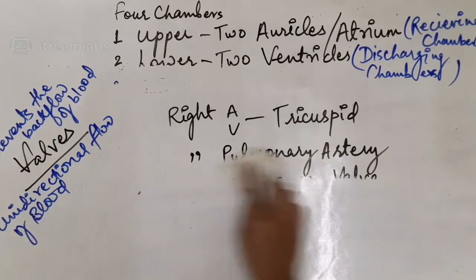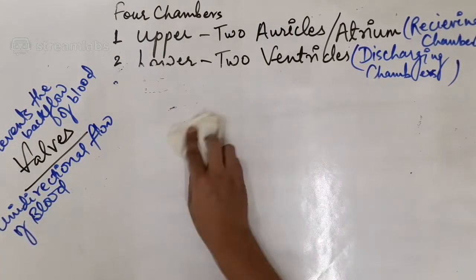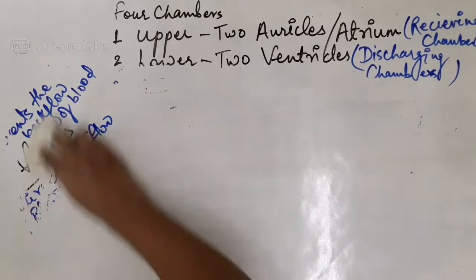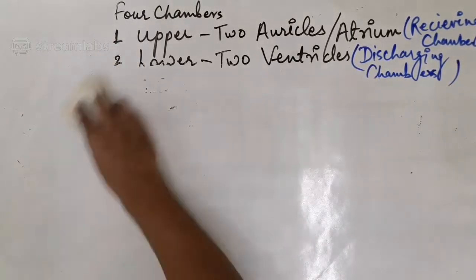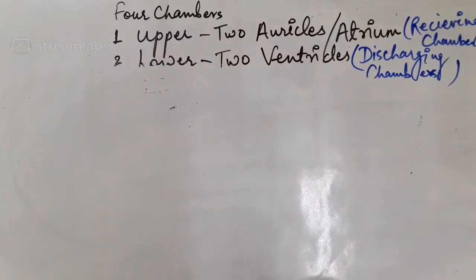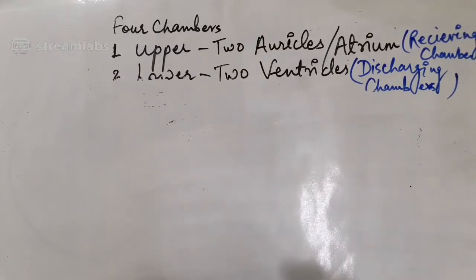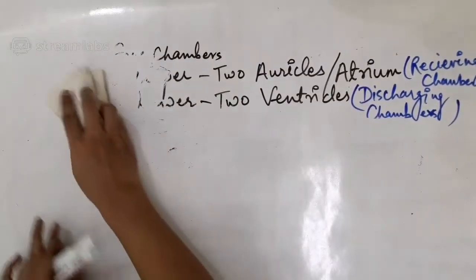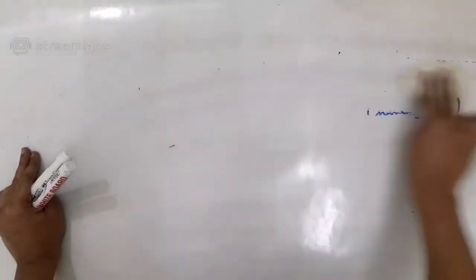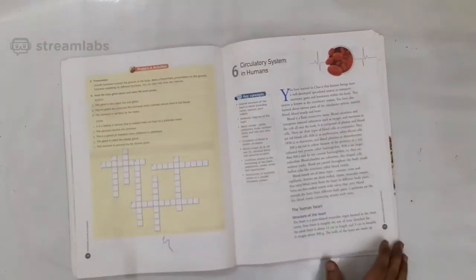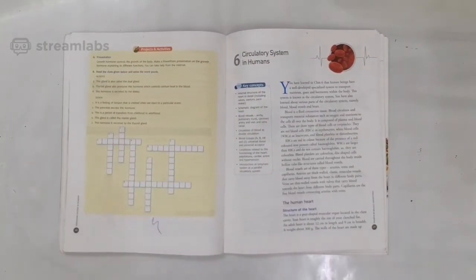After this, we also studied about the systemic and pulmonary circulation. Pulmonary means whatever blood is coming from the lungs or going into the lungs. Now let us see what else is given in the book.